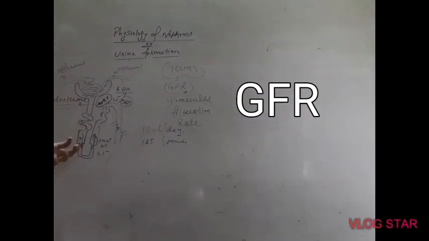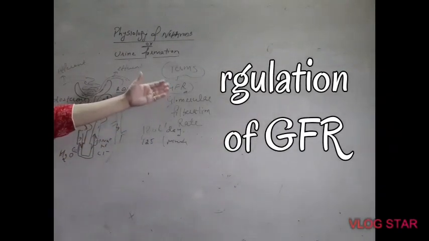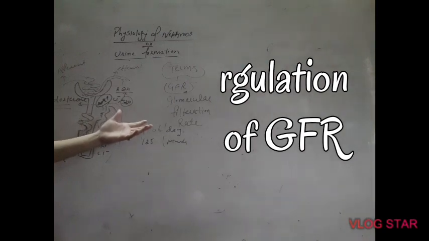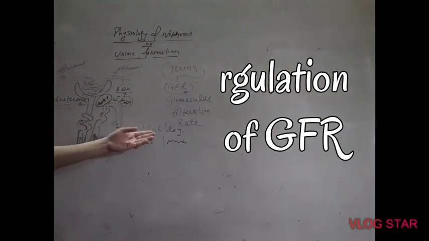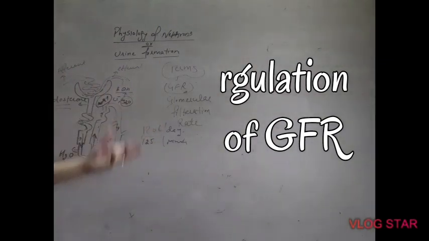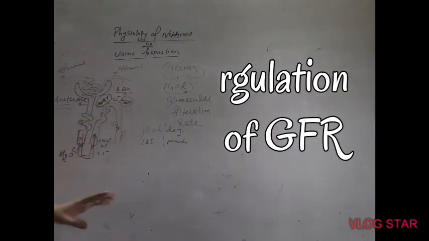Next is regulation of the glomerular filtration rate. Who regulates this rate, this speed of the filtration? Who controls that the kidneys have to produce 180 liters of glomerular filtrate per day? This is under the influence or control of three systems.